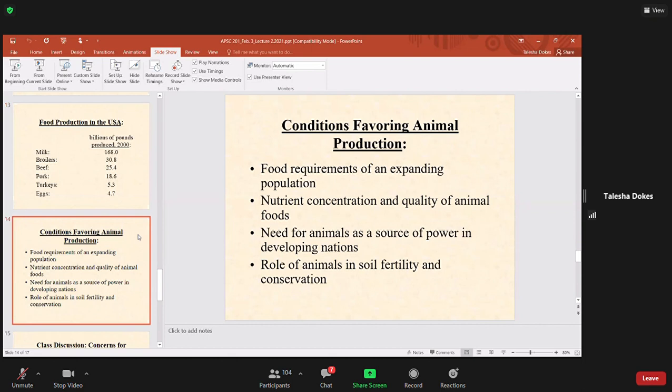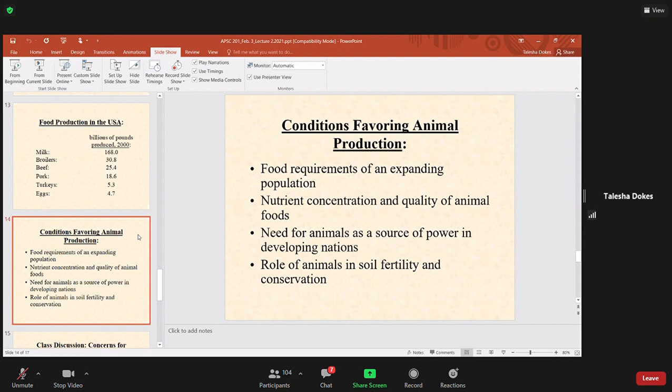All right, so conditions favoring animal production is that the population is expanding. And so that's why we do a lot of the things that we do. We have to keep up with the demand and keep people fed, and keep the nutrition within what we're producing high.